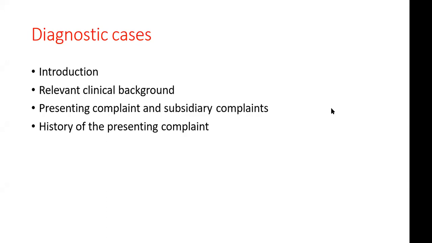The next thing is relevant clinical background. So this 52-year-old man who is a teacher or whatever. Now we have to mention the relevant clinical background. Now this is important.